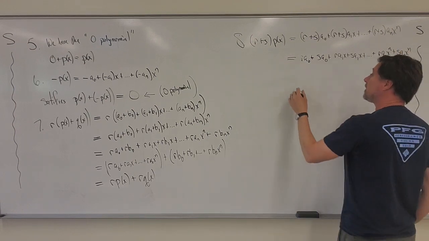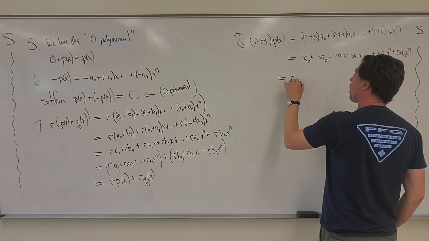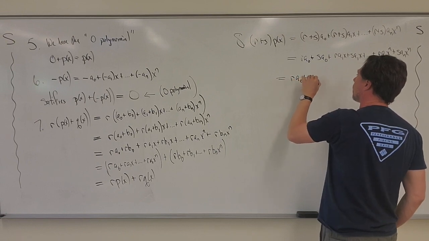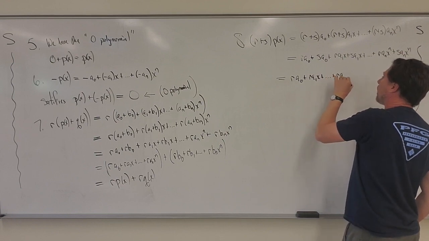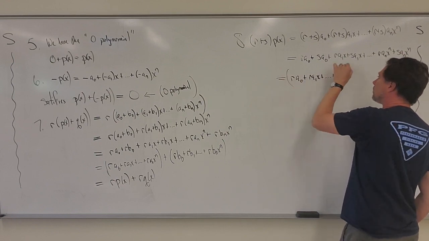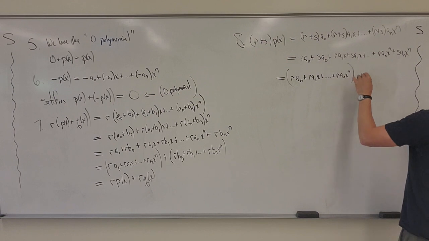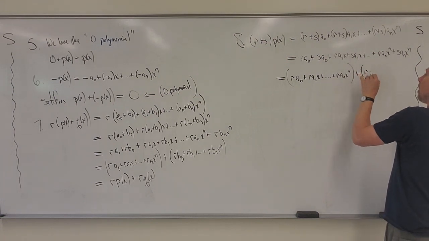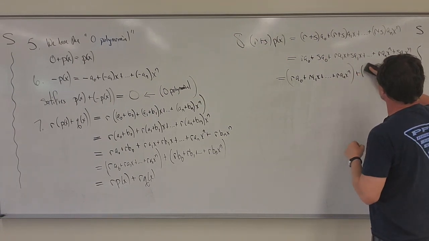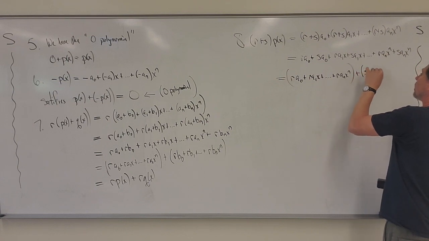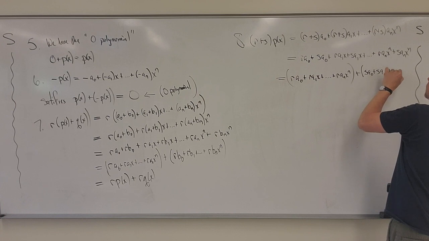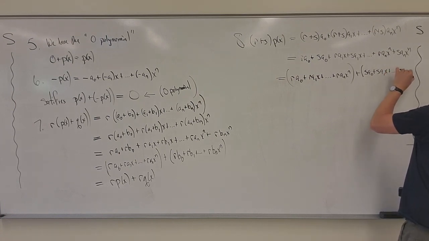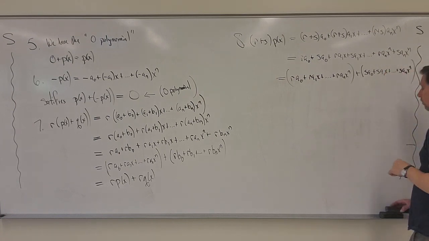Separate these into two pieces now, so this will be r a0 plus r a1x plus r a n x to the n plus s a0 plus s a1x plus dot dot dot plus s a n x to the n.